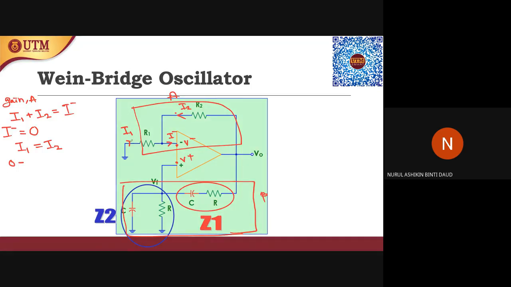So 0 minus V minus over R1 equals the current that flows in I2, which is V minus minus V out over R2.